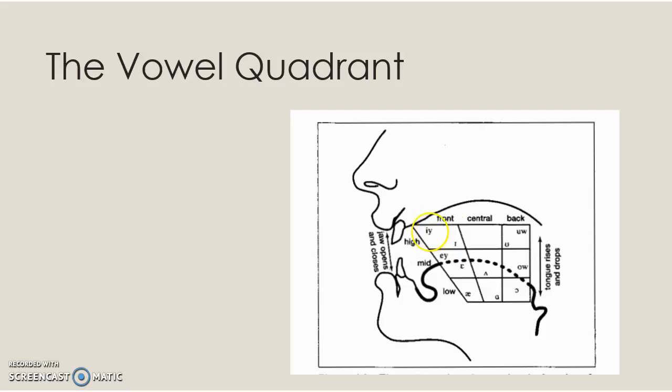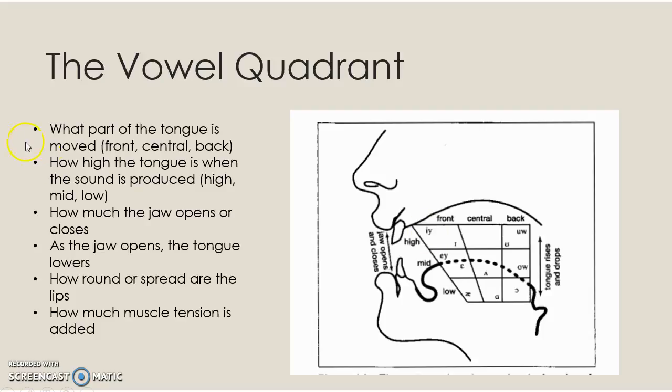When we look at the vowel quadrant, we're going to consider what part of the tongue is moved, if it's front, central, or back, and how high the tongue is when the sound is produced. Is it high, middle, or low? For example, for this sound that we have here, the tongue is going to be the lowest. Then how much the jaw opens or closes.